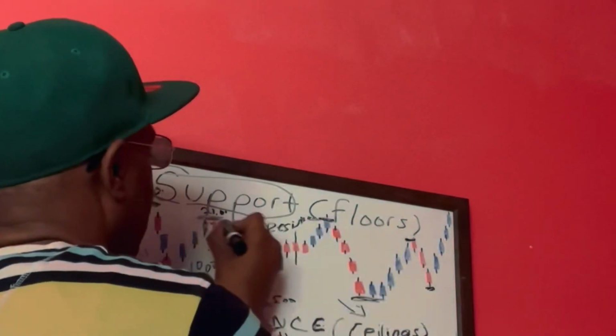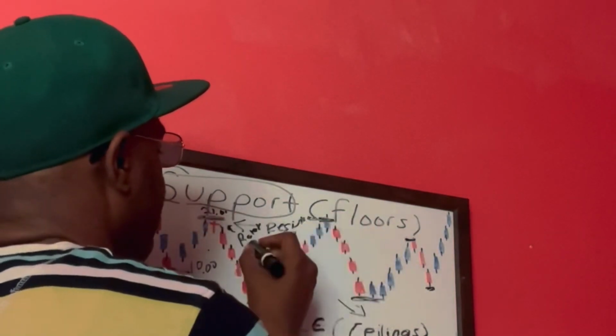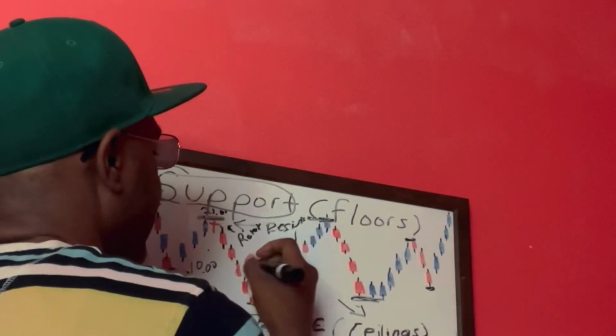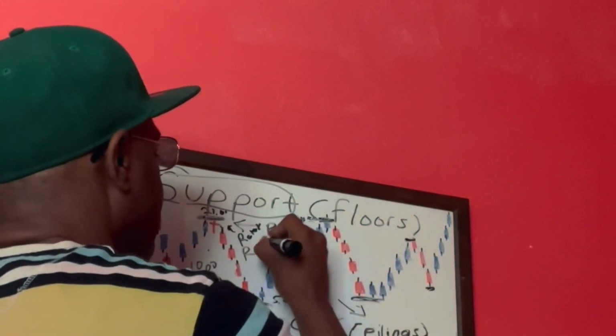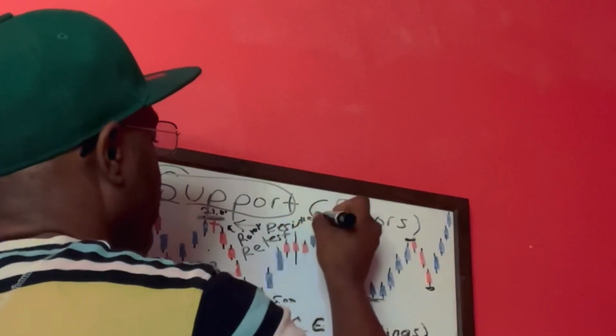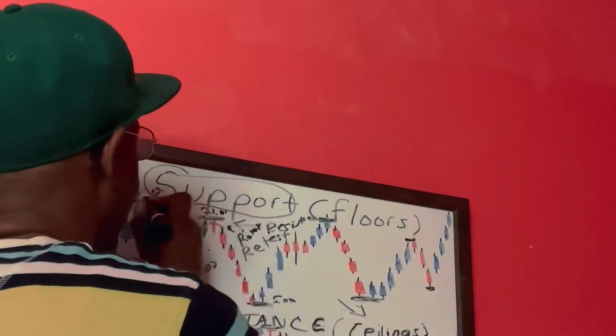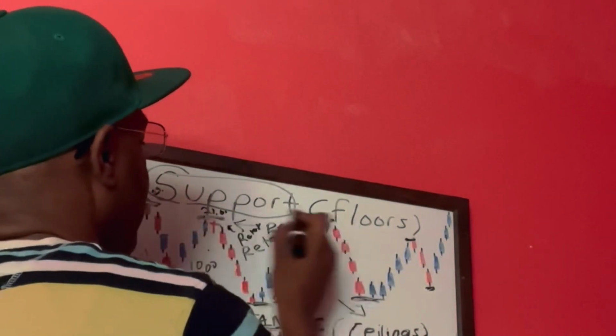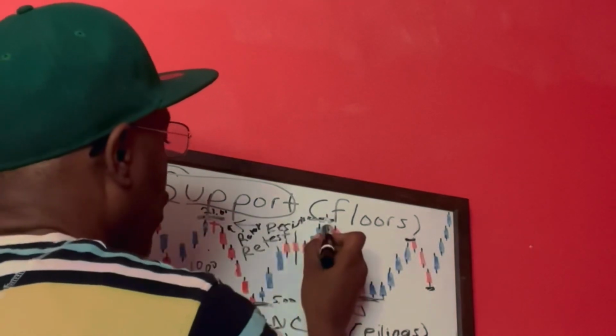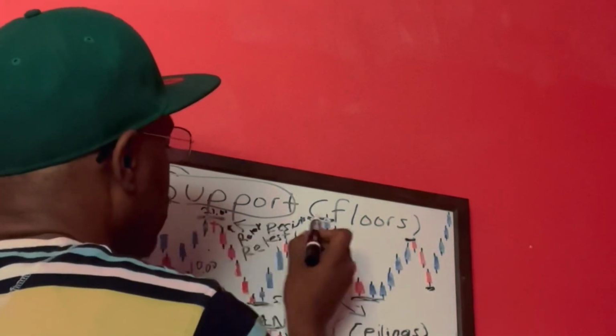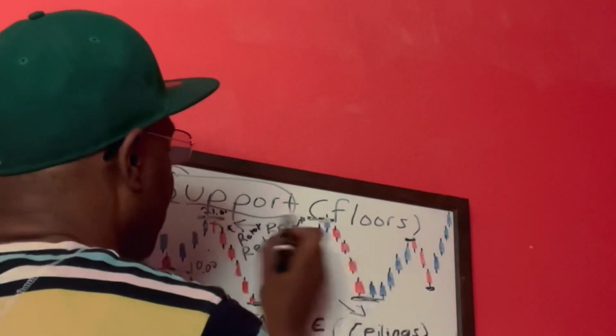Boom. It made a retest. So this is a retest. It's retesting this area, and it's retesting this area. You see? Even though it went above these two, it barely went above them.